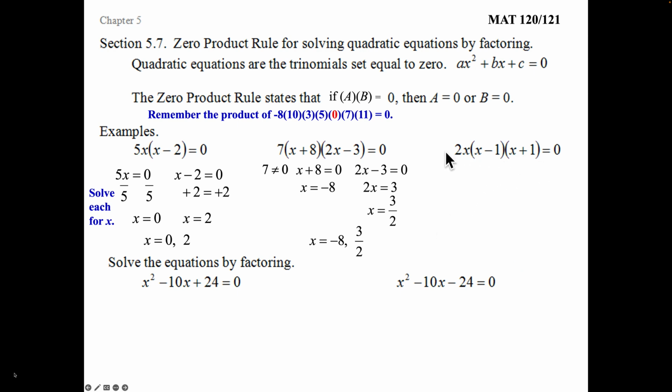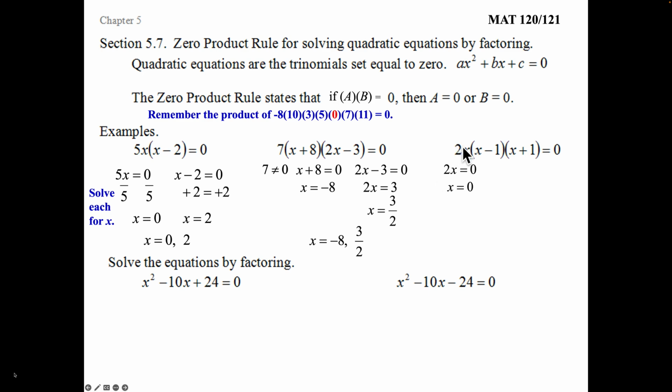Now in this case, three factors again, but now my GCF has an x in it, just like the 5x. So 2x equals 0, divide over the 2, x is equal to 0. So at this point, we're going to make a pledge. Anytime you have a variable GCF, a monomial, one single term factor, and it has an x in it, no matter if it's 5x or 2x, the answer is always 0.